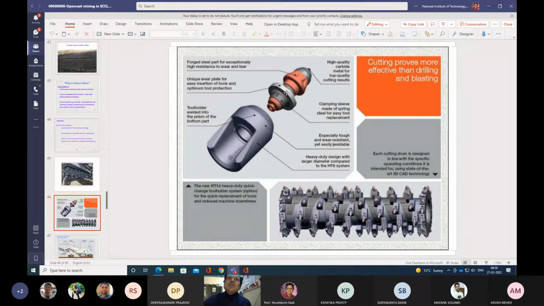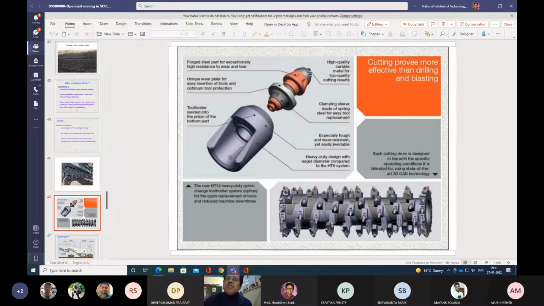Here, this red color pointed pick cuts the material. So cutting proves more effective than drilling and blasting. Without going for drilling and blasting, the surface miner can be used for cutting the coal.